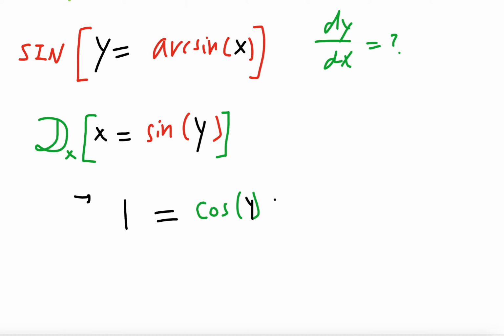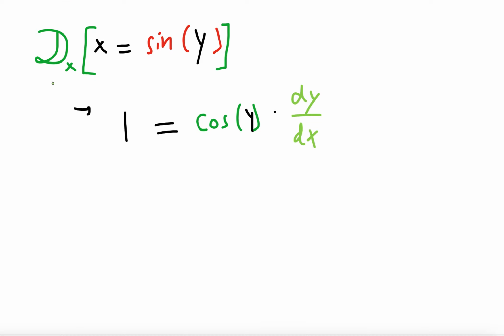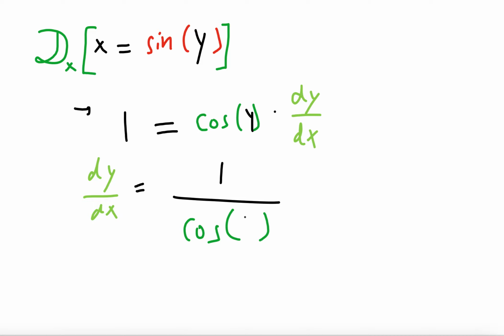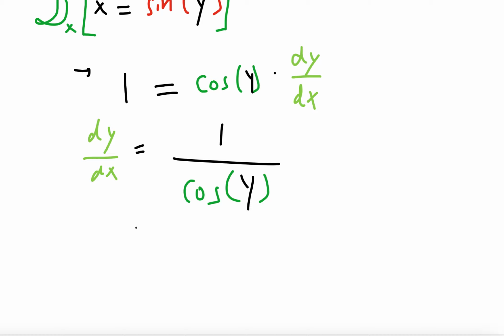And so what we get is that dy/dx is equal to 1 over the cosine of y, like this. And so we get secant of arcsine of x.